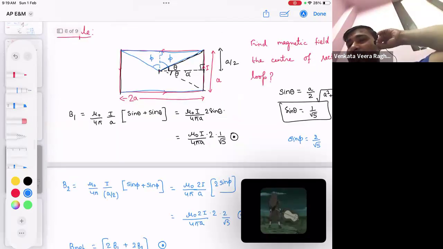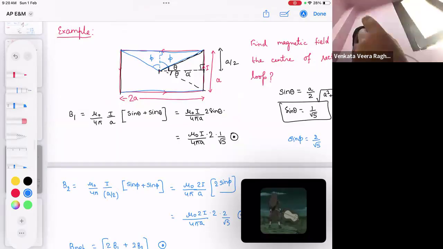So whenever you get a question like that, always try to identify whether you can break it into straight segments, because you only know the formula for the straight segment magnetic field, not any other.